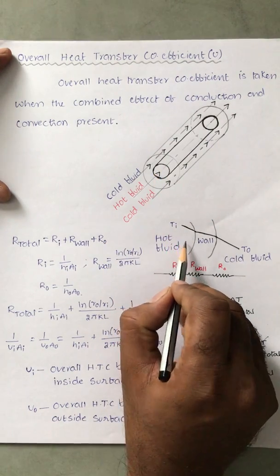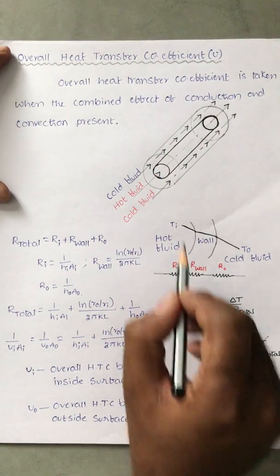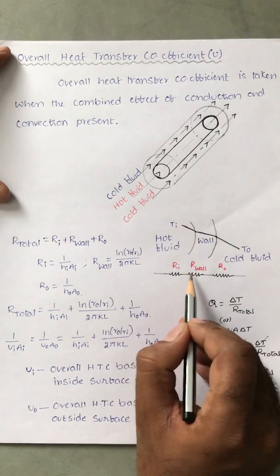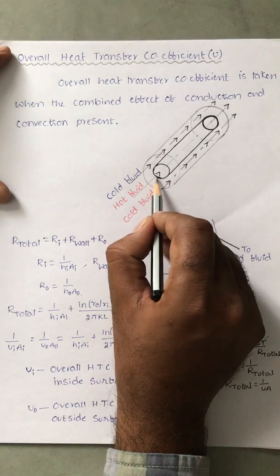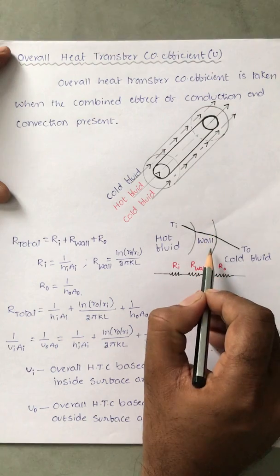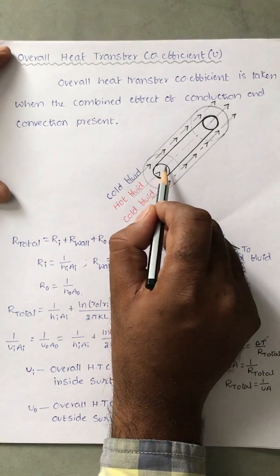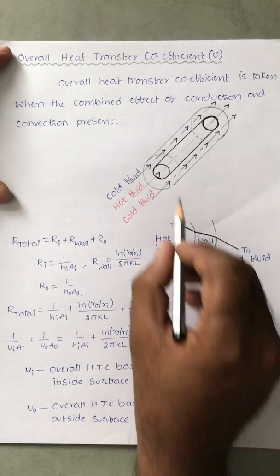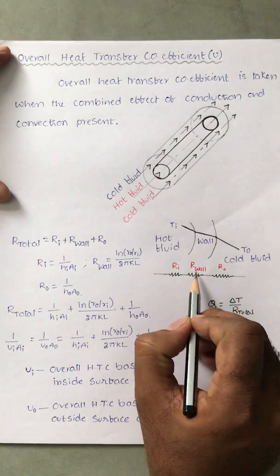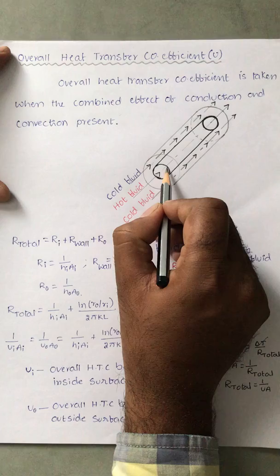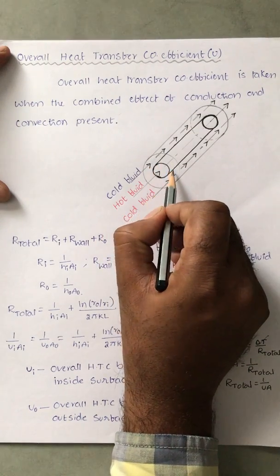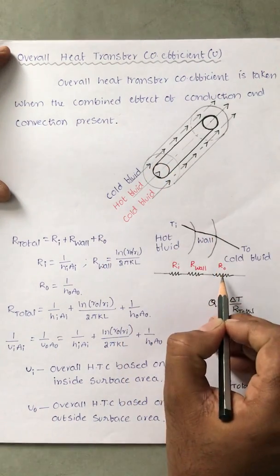From the hot fluid, the resistance is there because of convection, so convection resistance, followed by the wall. I have drawn the wall somewhat bigger here, but actually it is very thin. For representation purposes, I have drawn it like this. For the wall, there is a conduction resistance, R wall, and after the wall, heat is transferred to the cold fluid. So R out.